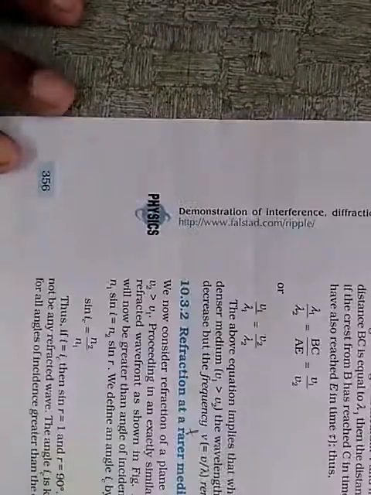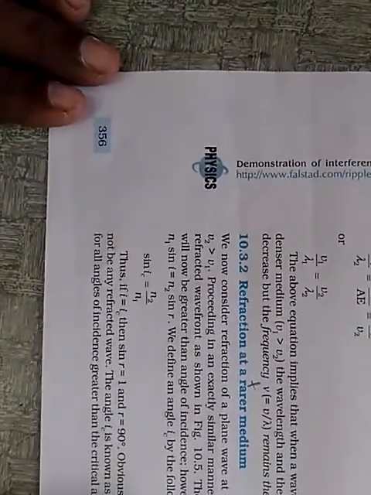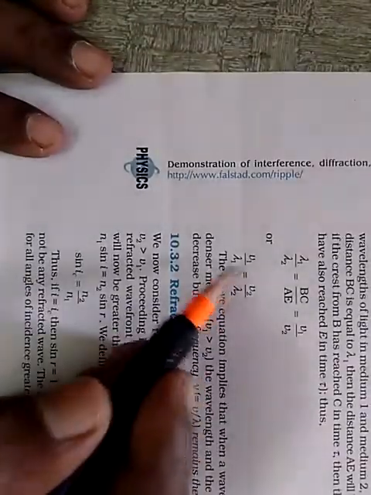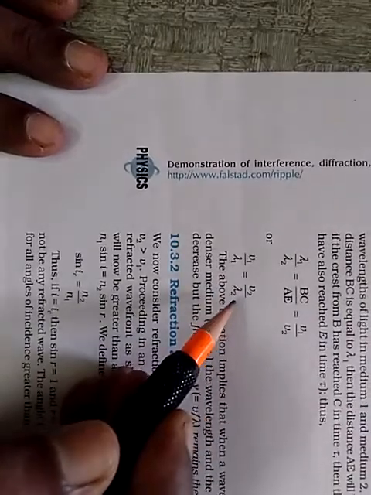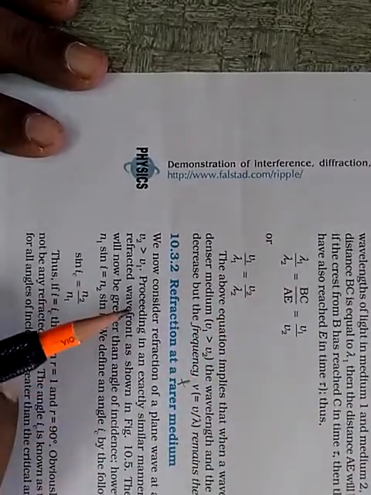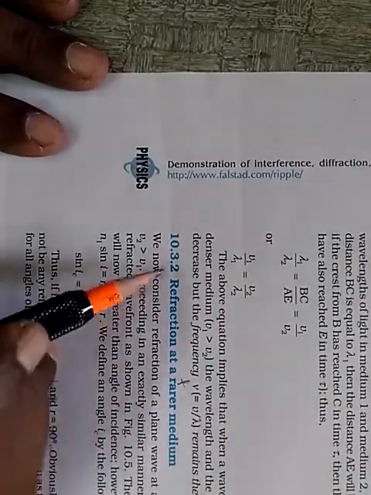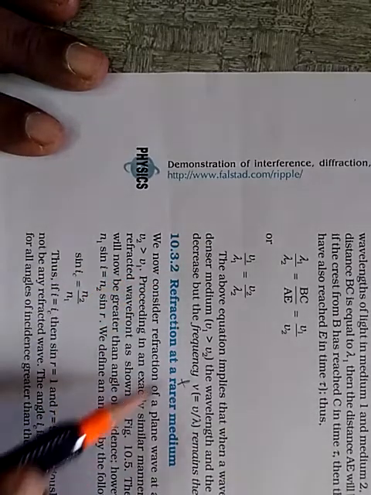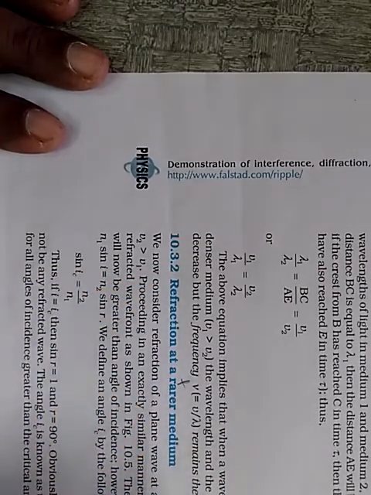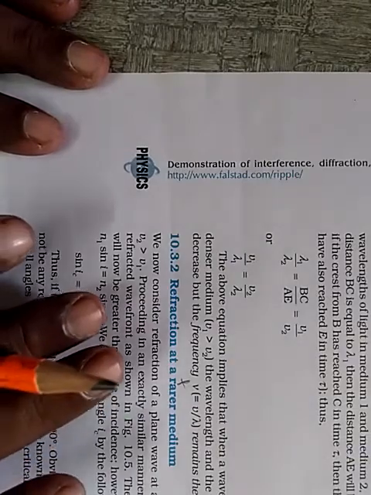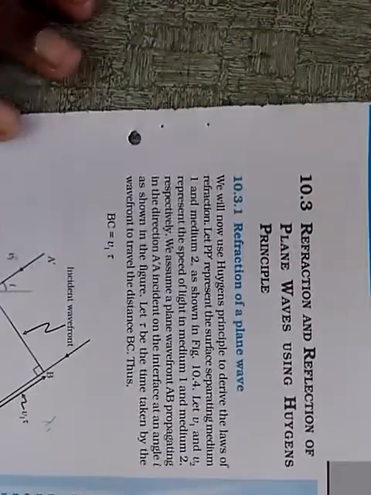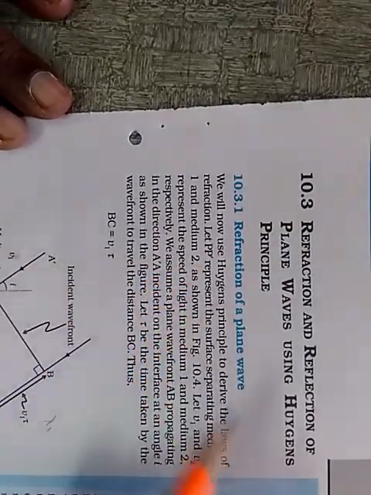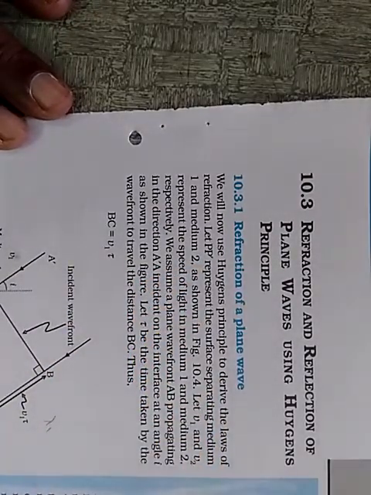And finally what we got is v1 by lambda 1 is equal to v2 by lambda 2. So the wavelength and the speed of propagation decrease, but the frequency remains the same. This is the key point we have to understand. So that's all about this topic, refraction of a plane wave using Huygens principle.